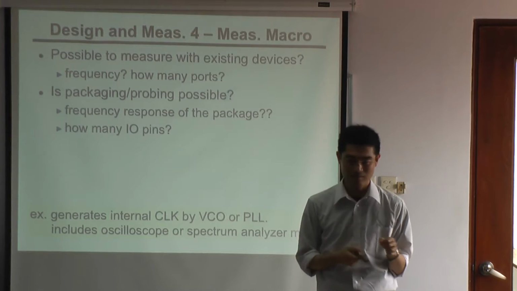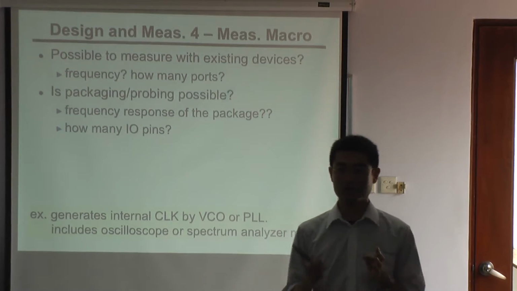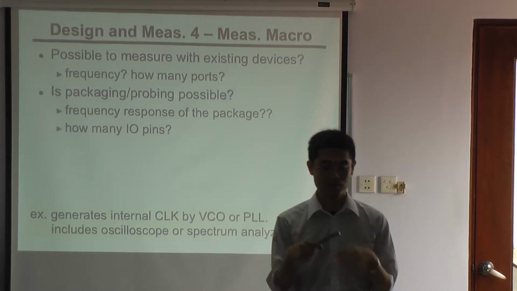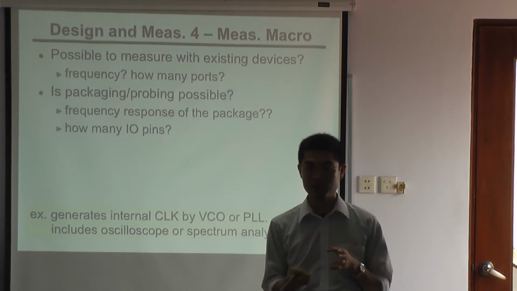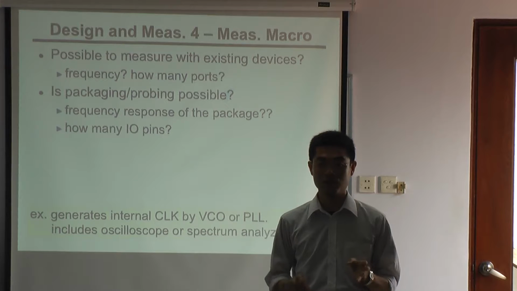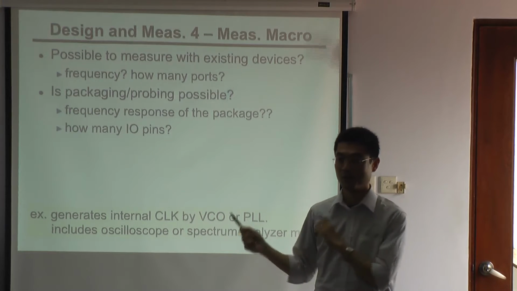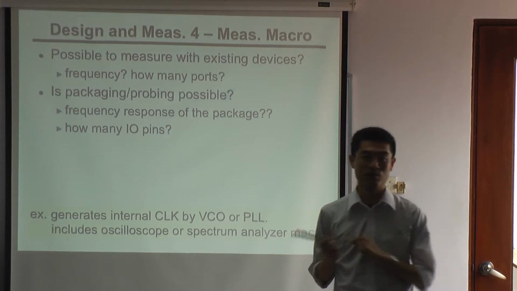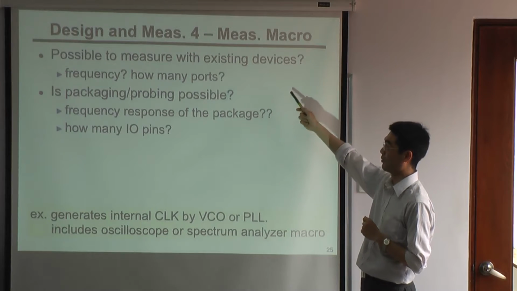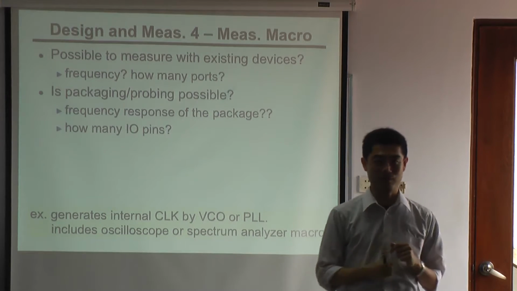And in such a case, when you measure, maybe you will use a sampling oscilloscope. So you have to design a divider by yourself and output the divided clock. For example, divided by 128, you output it and use it as a trigger for the sampling oscilloscope. So in this case you have to develop your measurement macro by yourself.